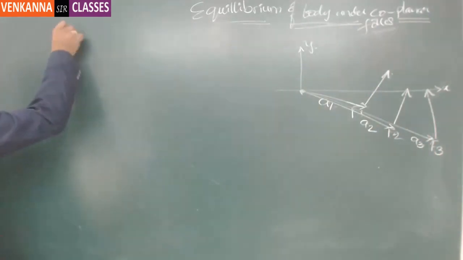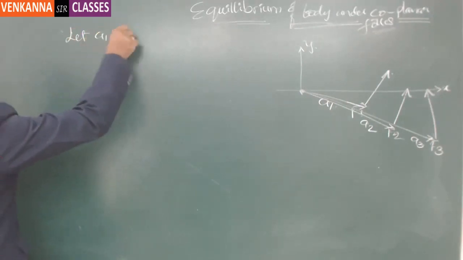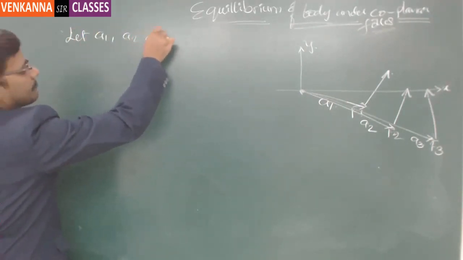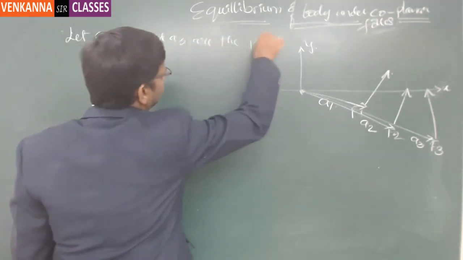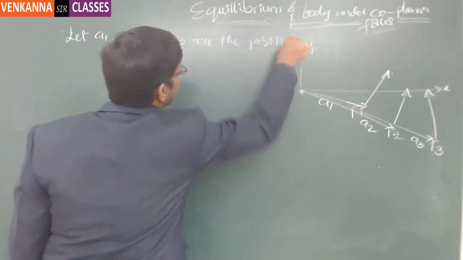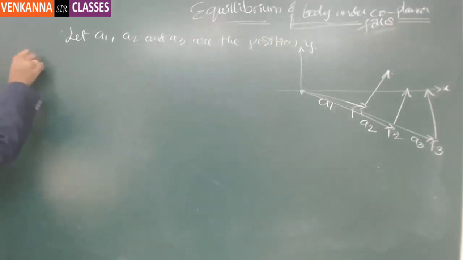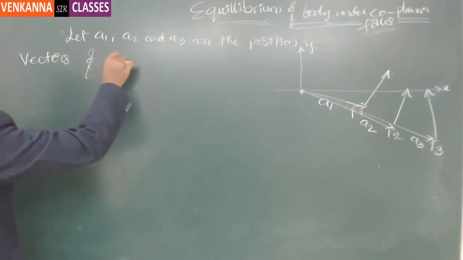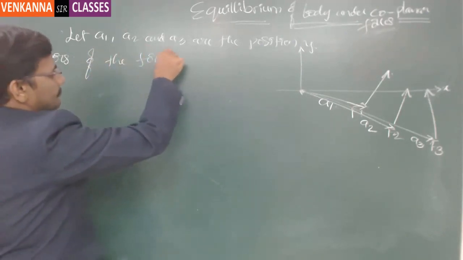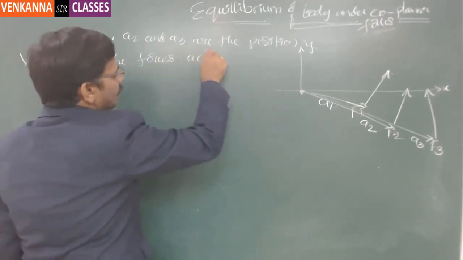So A1, A2, A3 are the position vectors of the forces acting on the body.